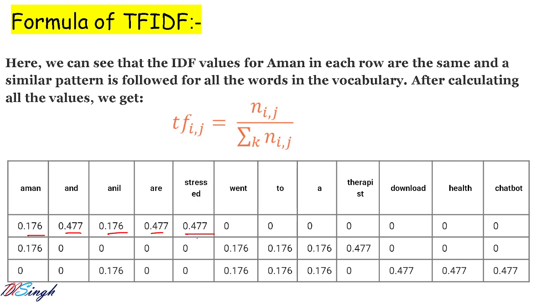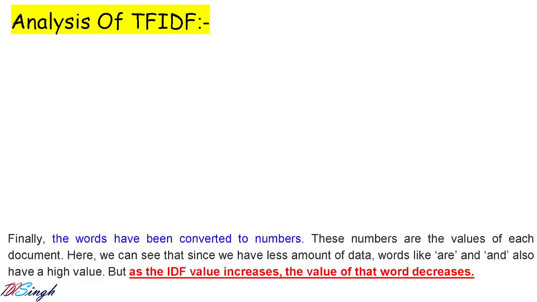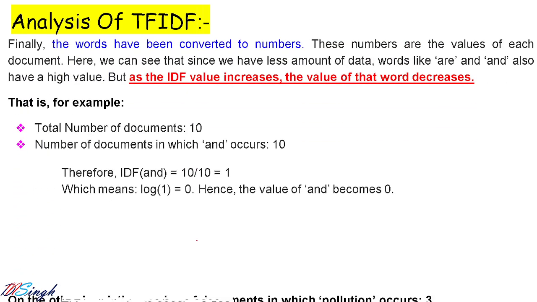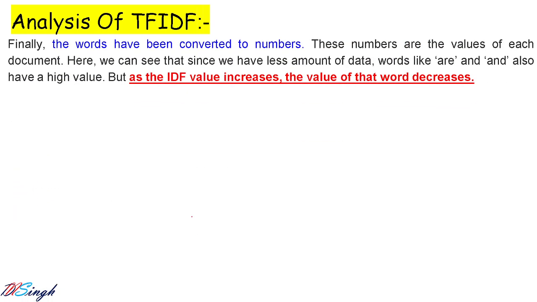What is that pattern? If a word is coming 2 times, it has some similar value. If a word is coming 1 time, it has some similar value. We will discuss what these numbers actually denote. Very important. Next slide, analysis of TF-IDF. You need to have that in mind.